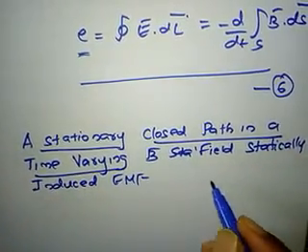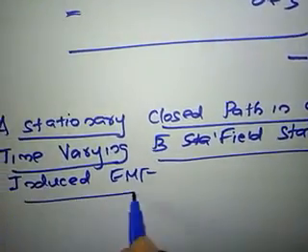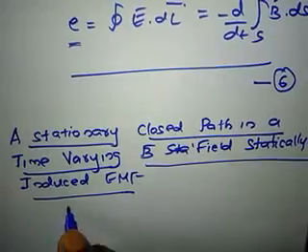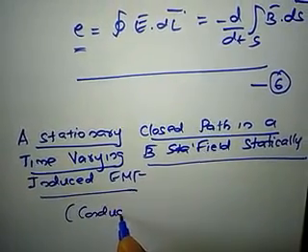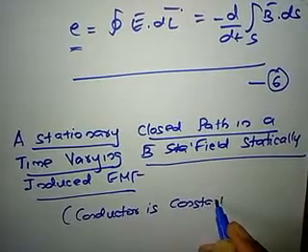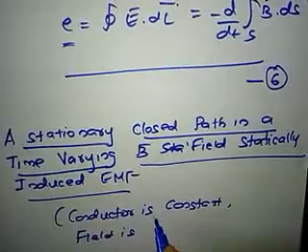That is, the conductor is constant here, whereas the field is changing. The field is moving or the field is changing.